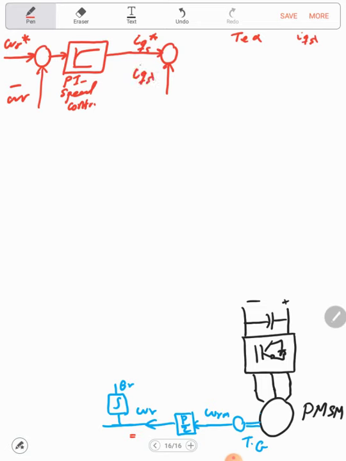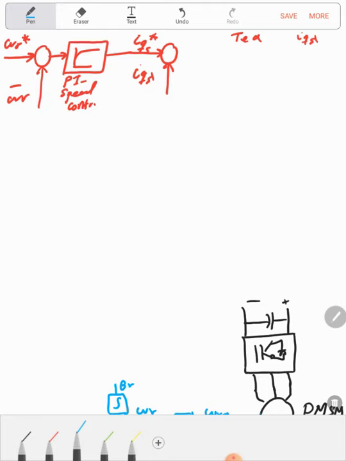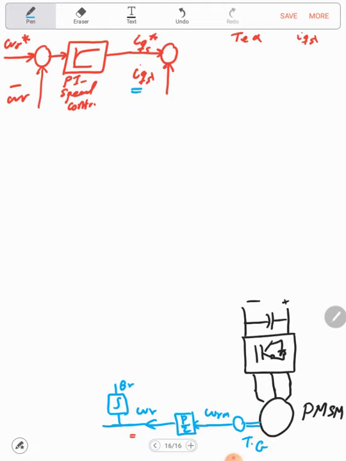IQS. So from where we can get the IQS? Simply from here, we'll measure the A, B, C currents. Then we will use a transformation from the A, B, C to the Q, D with the help of theta r.